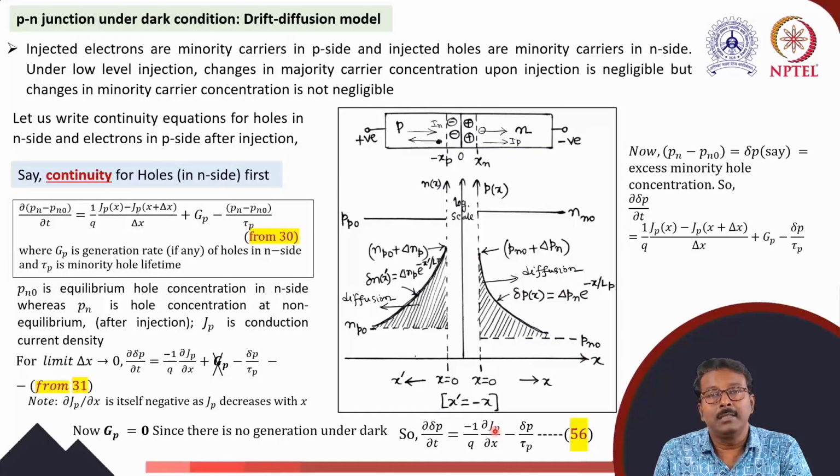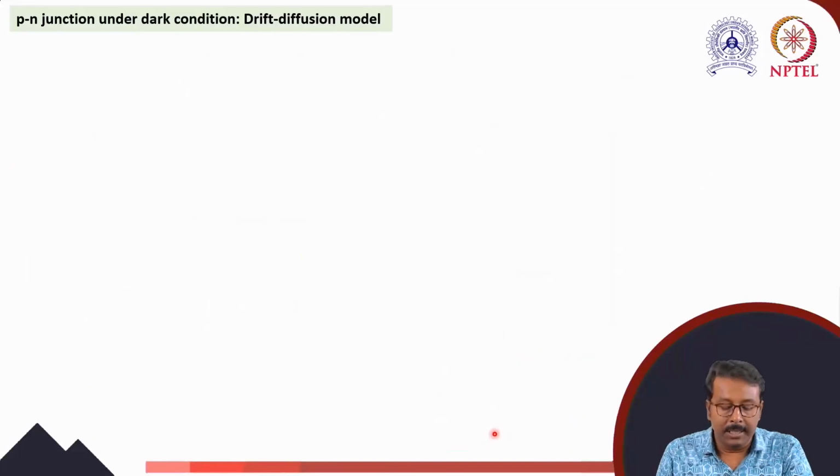If both electric field and concentration gradient are present, then the component Jp will come from the drift component and also the diffusion component. So the current density expression, that is the relation of this Jp with the other parameters, will be used to simplify. Let us see.